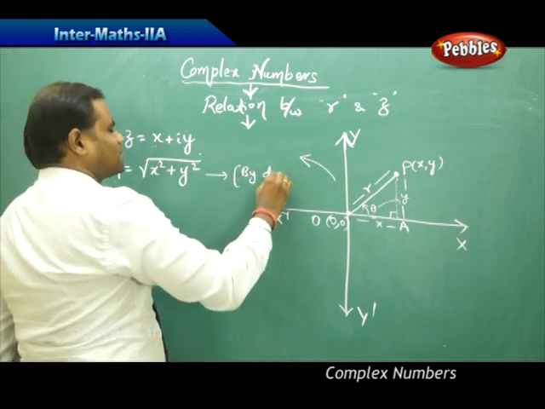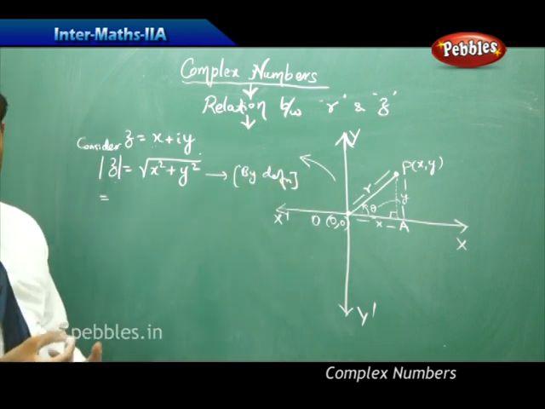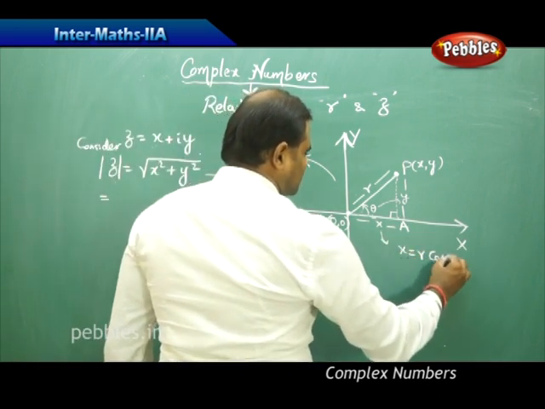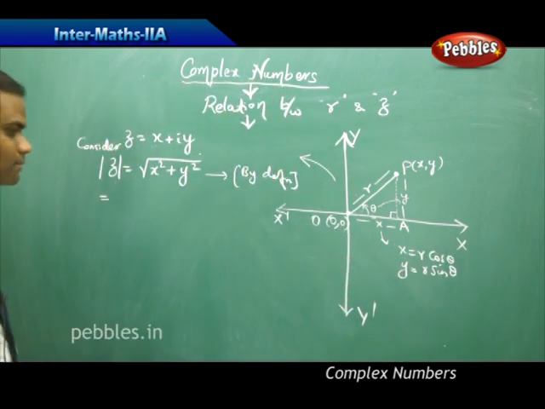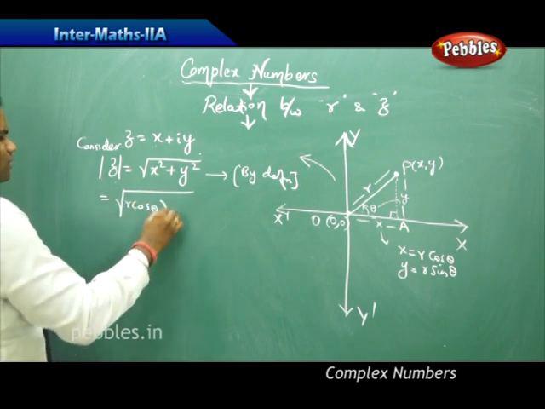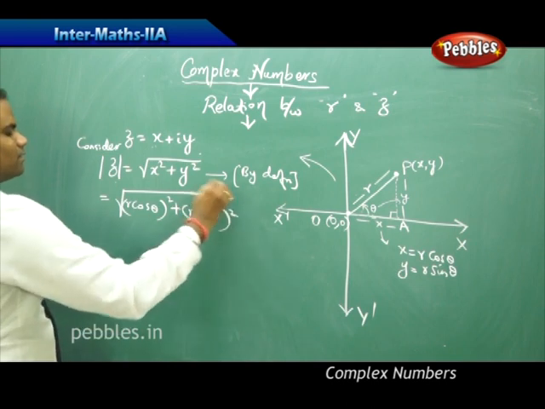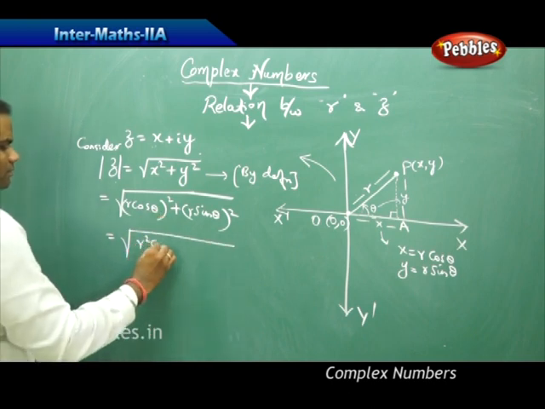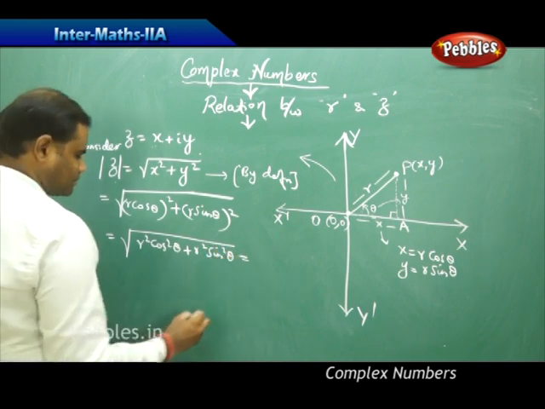Now we know that x is r cos theta and y is r sin theta, as derived from the triangle. Substituting x as r cos theta whole square and y as r sin theta whole square, on expansion I get r square cos square plus r square sin square.